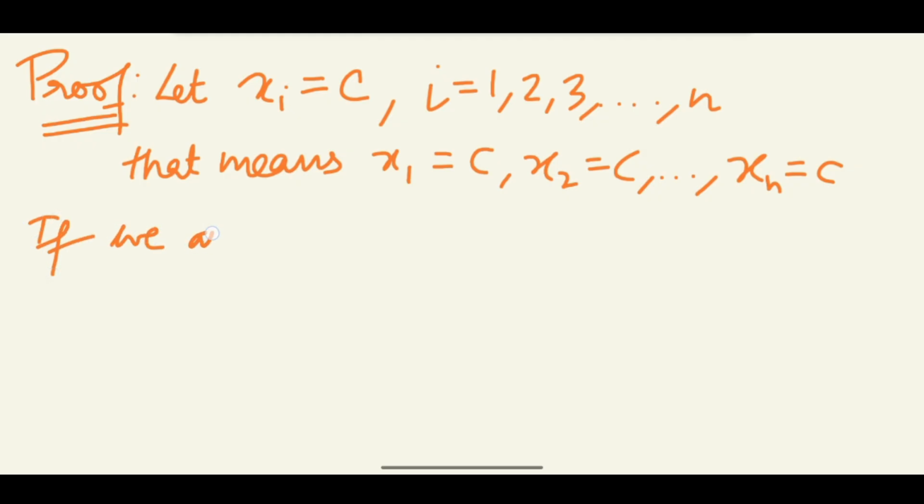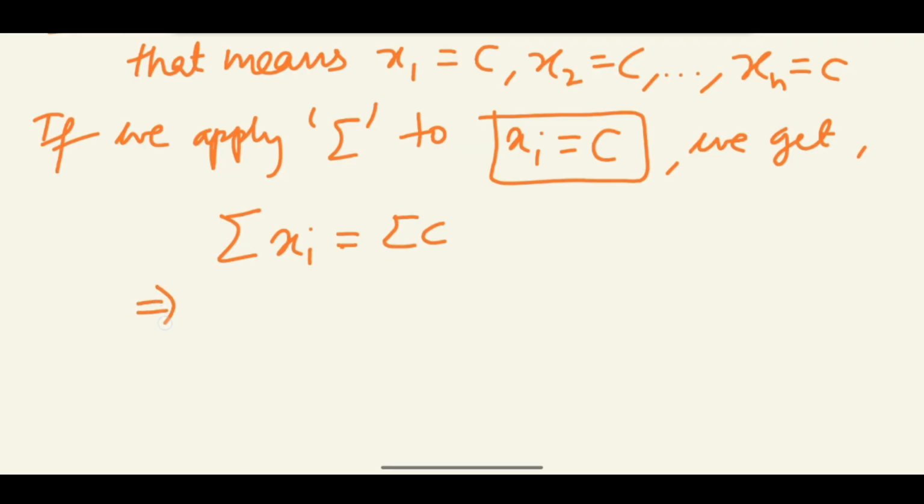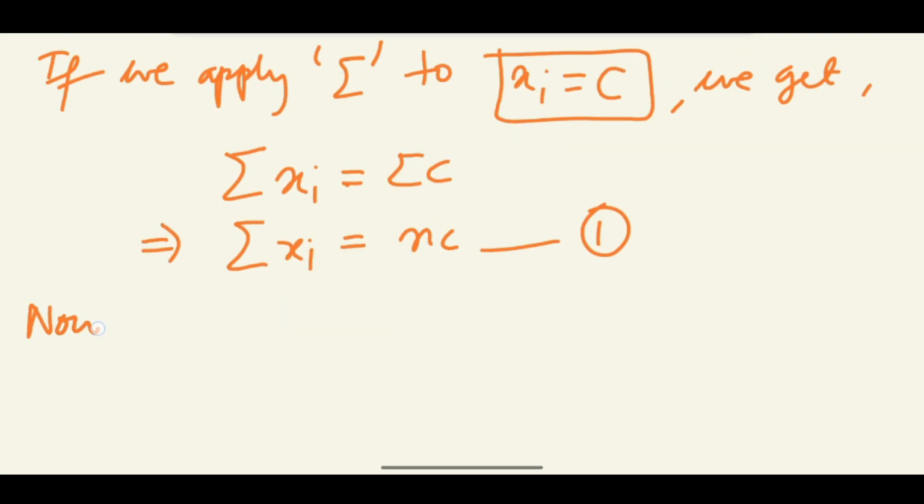Now if we apply summation to xi equals c, we get summation xi equals summation c. We know that summation will change to n when applied to a constant number. And here we take this step as equation 1.